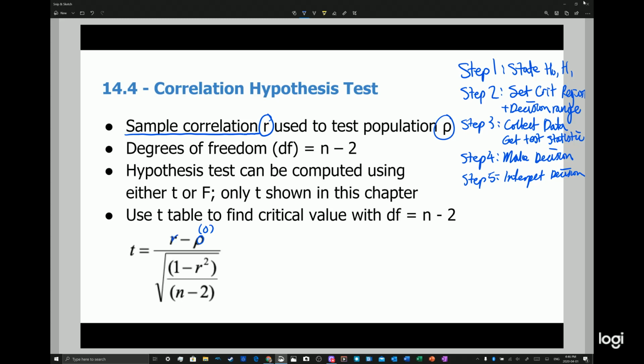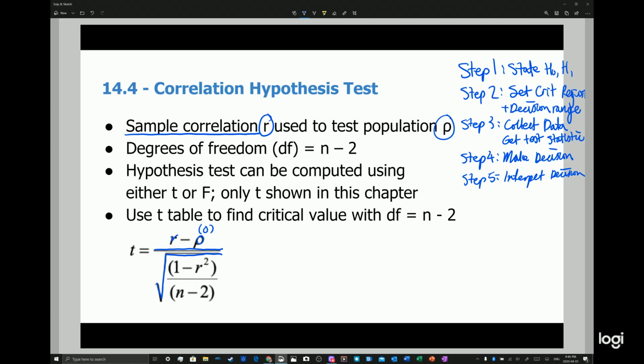And then you're trying to see, just like the same principle for T and Z scores, if that test statistic is far enough away from your population coefficient to say, yeah, there is a correlation of some kind, positive or negative, or just some kind of correlation.